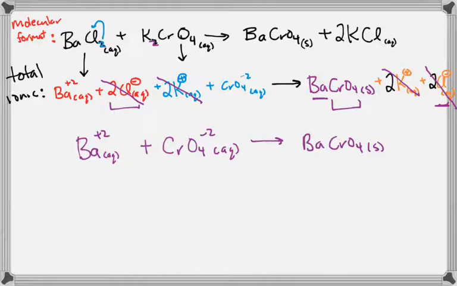If I went through and did my reactants very carefully, once I hit the reaction arrow, anything that's not crossed out on the product side I should just copy down. What we now have is what is known as the net ionic equation. We go to this format because what we're trying to do is remove all of the ions that had nothing to do with our overall equation, or the reaction itself.